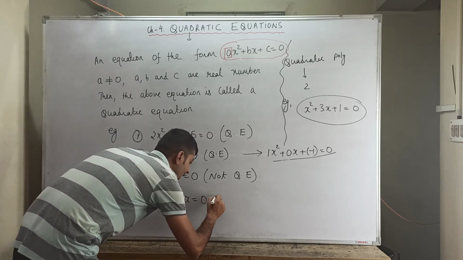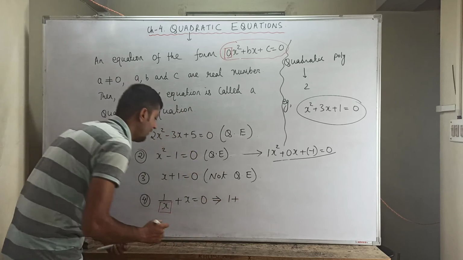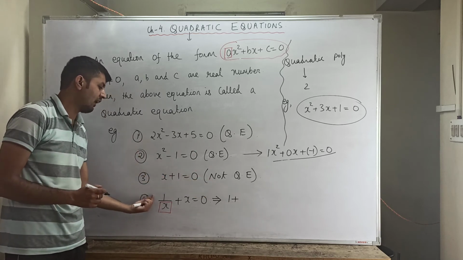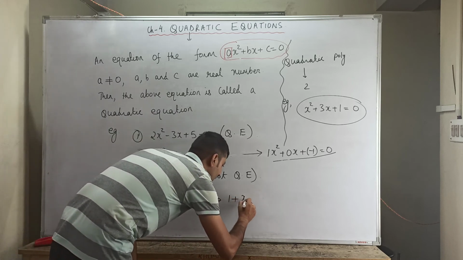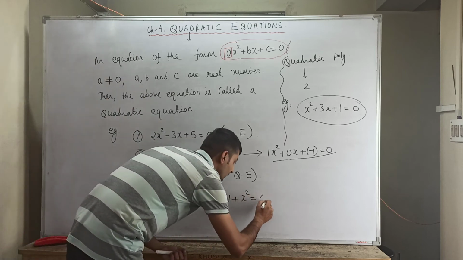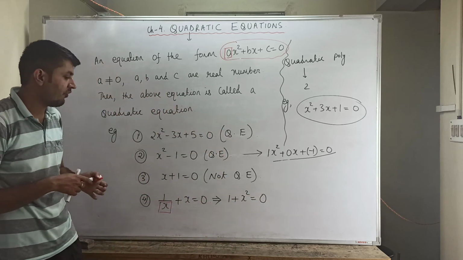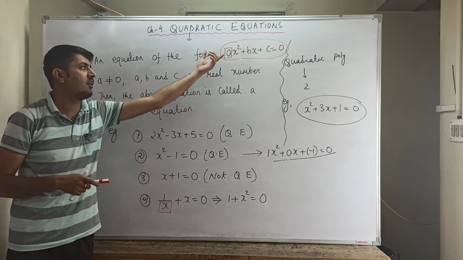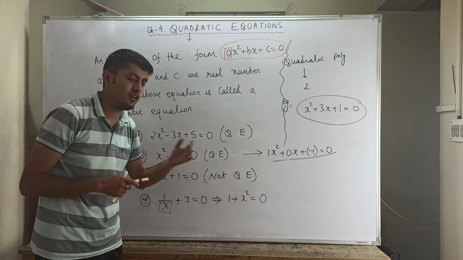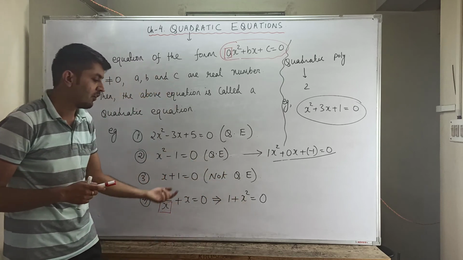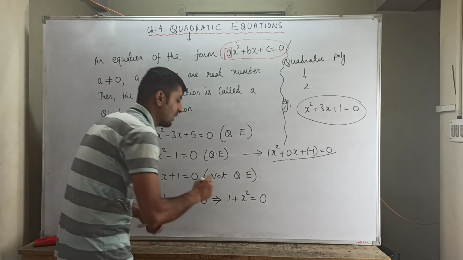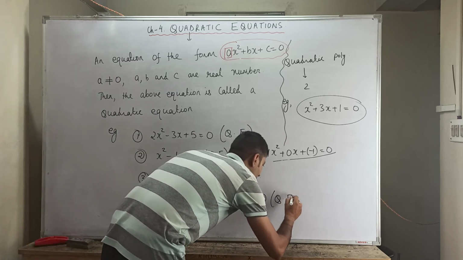You get 1 plus x squared equal to 0, since x into 1 by x cancels to 1 and x into 0 is 0. Now you don't have any x in the denominator, and the degree is 2. So this becomes a quadratic equation.